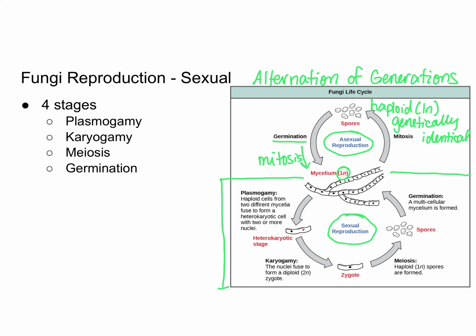However, they all have the same 4 basic steps. So the first step is plasmogamy, followed by karyogamy, followed by meiosis, followed by germination. And we're going to talk about each one of these steps on the following slides.